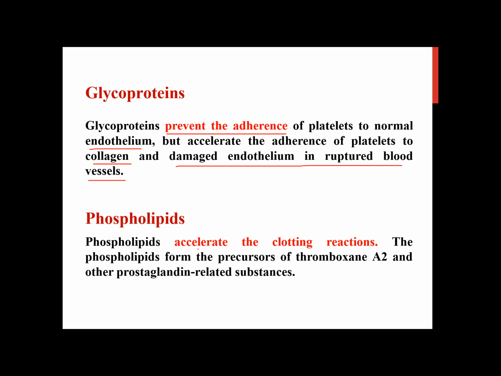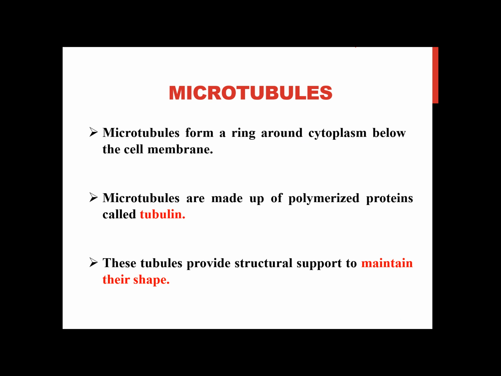While si phospholipids nyo naman class accelerates the clotting reaction. The phospholipids form the precursor of thromboxane A2 and other prostaglandin-related substances. Now, the microtubules would form a ring around the cytoplasm below the cell membrane. So, di ba kanina ito yung platelet nyo?